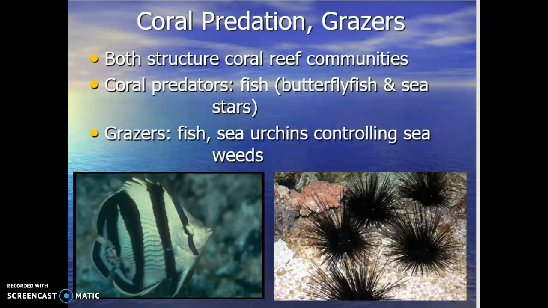So if we got rid of diademas, our reef ecosystem starts overgrowing with algae. Sadly, this occurred in Jamaica. It's not really a healthy coral reef anymore. It's basically a big reef of algae there. That's why you see a lot of ecotourism shifting away from Jamaica simply because of the lack of healthy and diverse reefs.